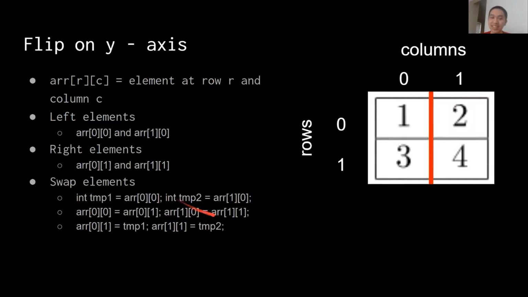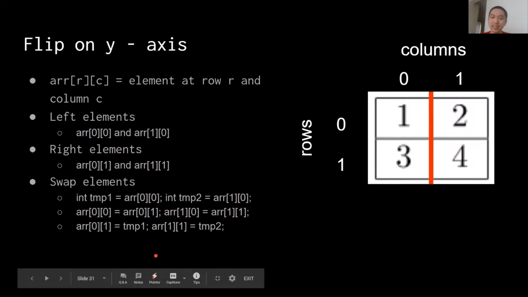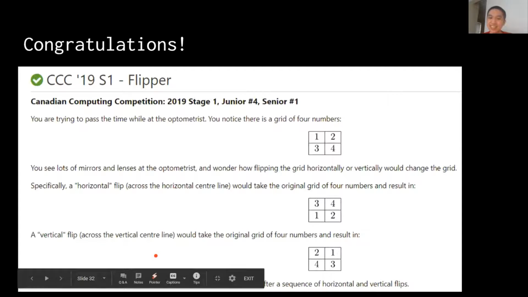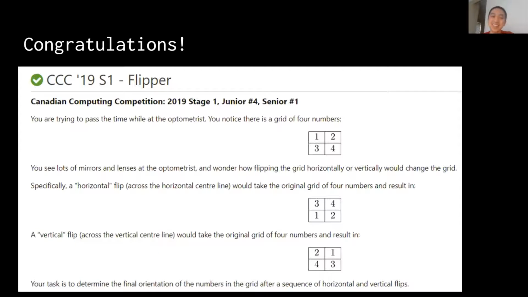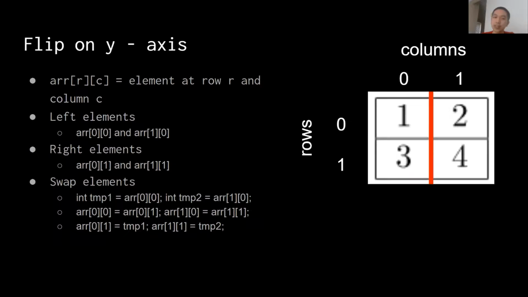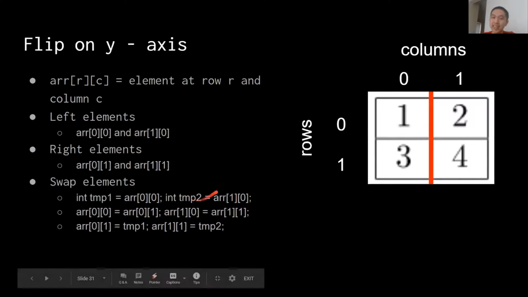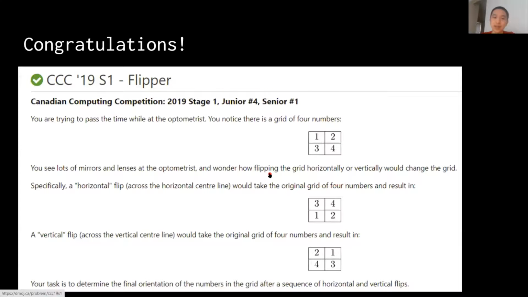So same kind of idea. And what you should get at the end is you've solved this problem already. So amazing. Yeah, this was last year's problem. So if you basically know where everything is at, if you know this kind of system for making 2D arrays, then you can solve this problem.